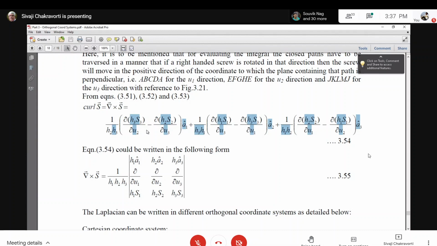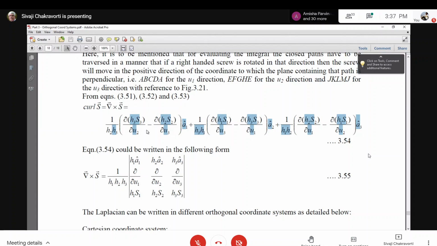For the U1 component, you take an area enclosed by 4 lines. Then take the circulation of that vector field in that area in the U2, U3 plane, divided by the area. That's it, that is the component. Take the U2 component: take an area in the U3, U1 plane and integrate that closed line integral.